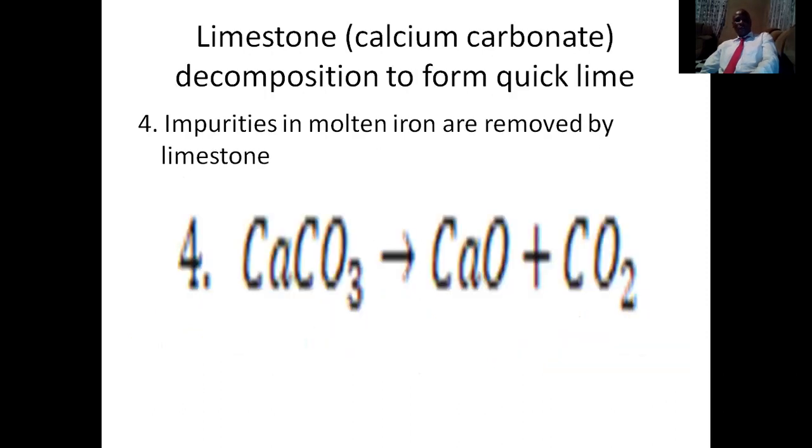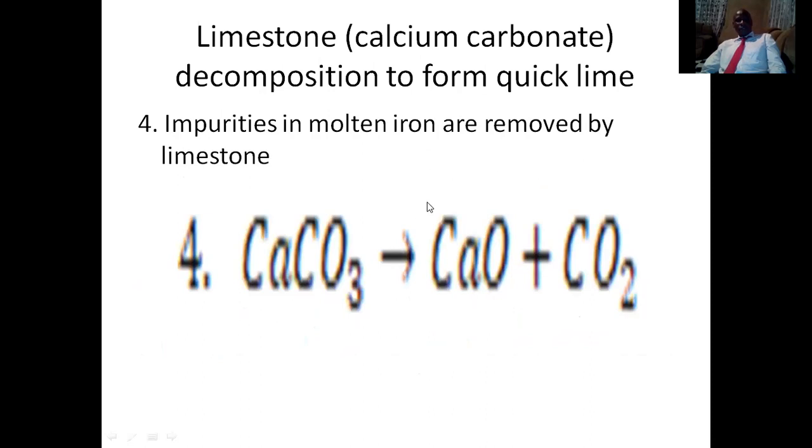And this iron which is formed contains impurities. To remove the impurities, we have to decompose the calcium carbonate so that it can form calcium oxide or quicklime plus carbon dioxide.